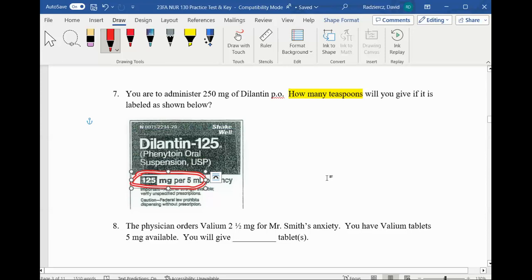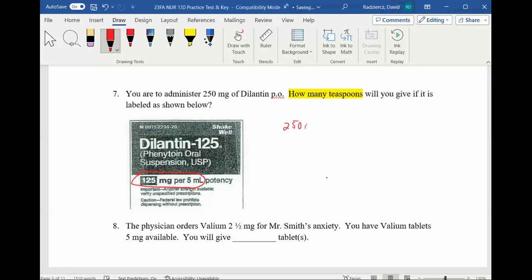In any of these label problems, you can always just use your order over available. So my order is 250 mg. My available is 125 milligrams. The one thing that most students forget is to multiply by the quantity.